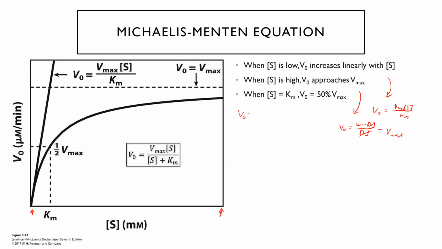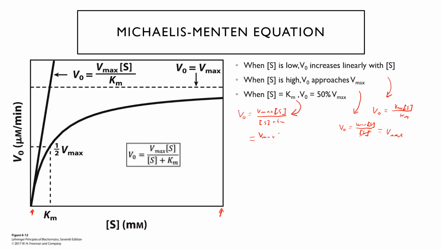Another thing comes up though when the substrate concentration is equal to that Km value. So again, V0 equals Vmax times substrate concentration over substrate concentration plus Km. If substrate concentration is equal to Km, then we can just plug Km in wherever substrate concentration is.